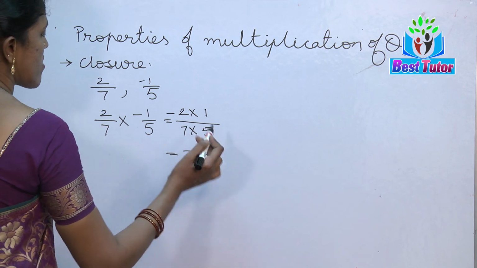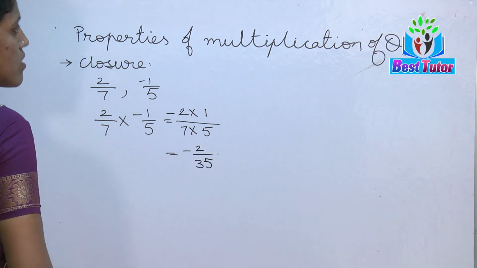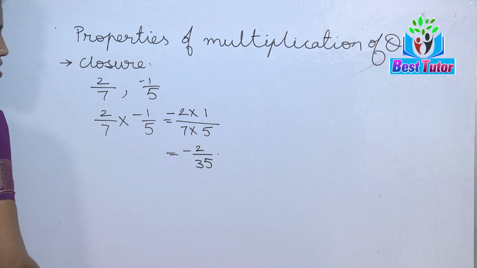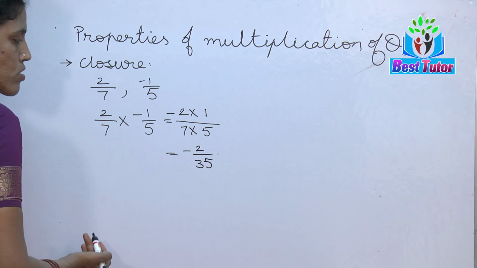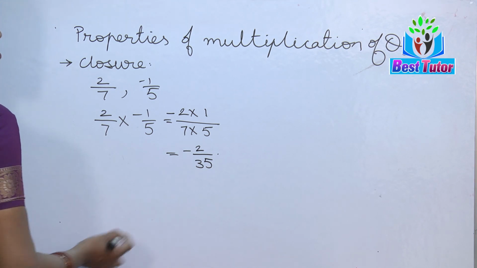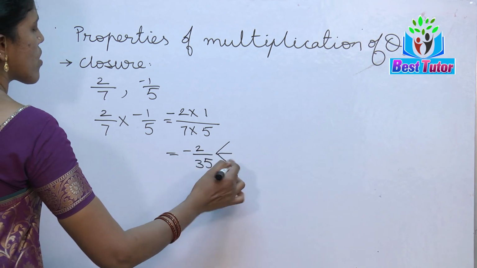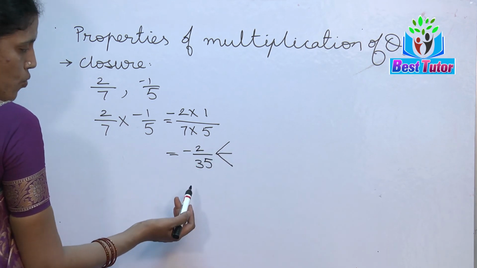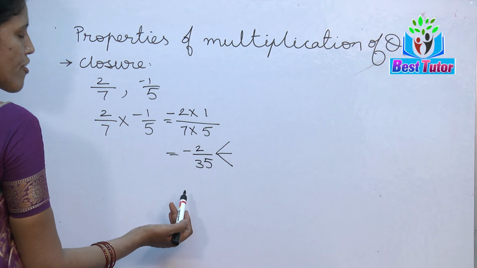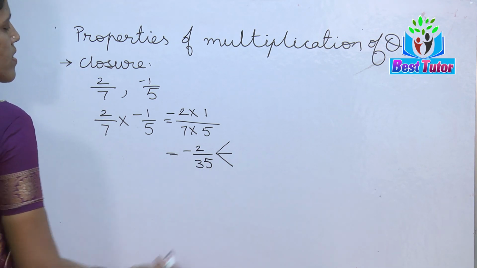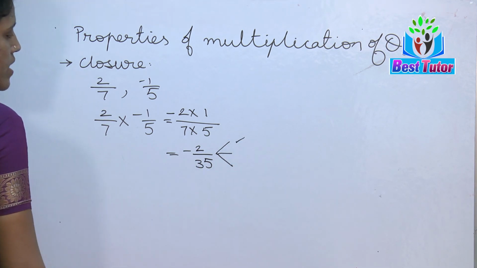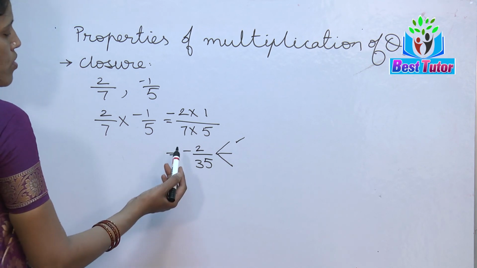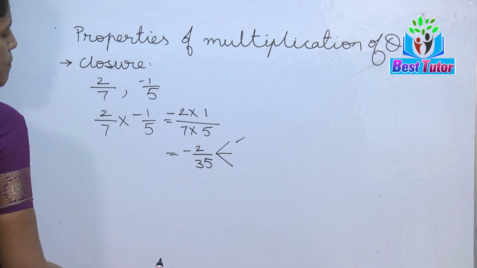Right. But is this a rational number? For a number to be a rational number, or to belong to the set of rational numbers, it should satisfy three conditions. What are those three conditions? The first one, it should be in the form of a fraction. Yes, minus 2 by 35 is in the form of a fraction. Second condition, both the numerator and denominator should be integers.